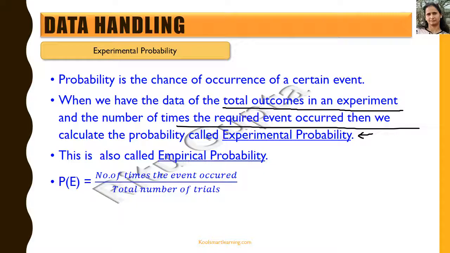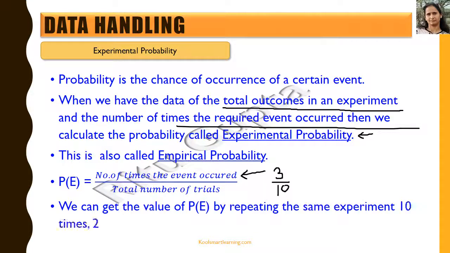If out of the 10 matches they have played, team A has won 3 times, then the number of times the event has occurred in this experiment is 3, and the total number of times the two teams have played together is 10. So this becomes the empirical probability of team A winning the match when it's playing against team B.